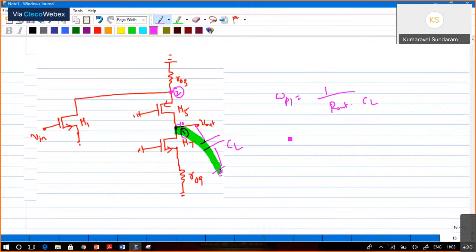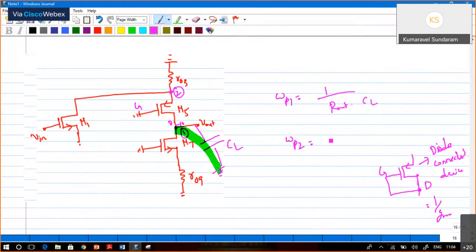For calculating omega P2, this is gate and drain. Right? For a transistor, if gate and drain are maintained at the same potential, this is termed a diode-connected device, and its impedance is given as 1 by gm.